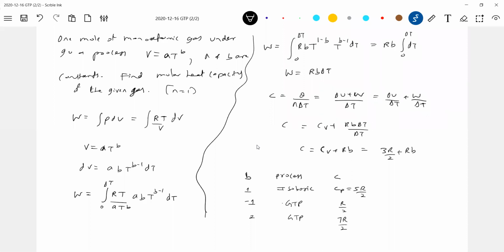Okay, fine. So the value of B can be anything. Now I will do one thing. Let me take B equal to minus 3 by 2. Very interesting thing you are going to see now. What will happen?